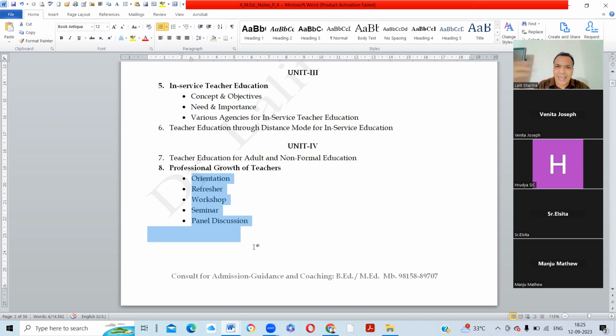For example, the Regional Institute of English, and in every district, in-service teachers go to the District Institute of Education to sharpen their skills. So these are the programs: refresher courses, orientation programs, faculty development courses, just to upgrade their skills. This is called the professional growth of teachers, right, guys?